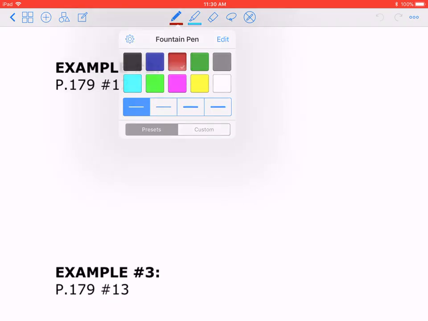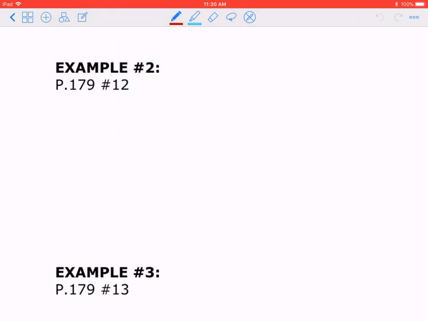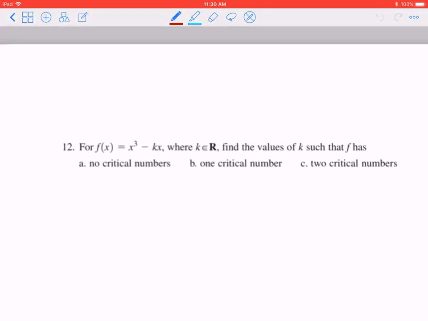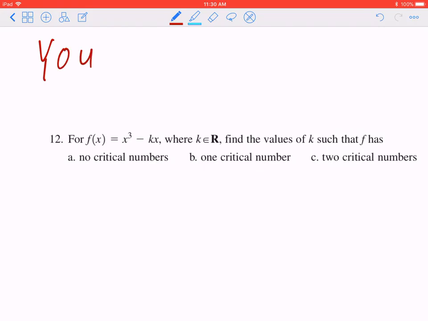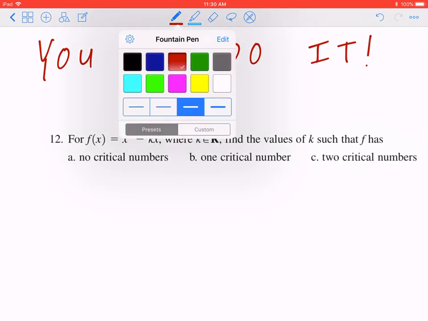In example 2, we're looking at number 12 on page 179. Let's try this. You can do it.